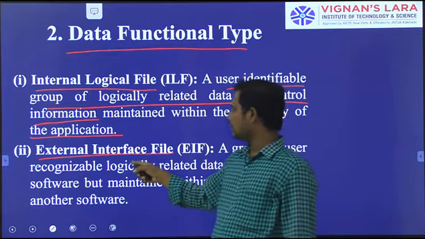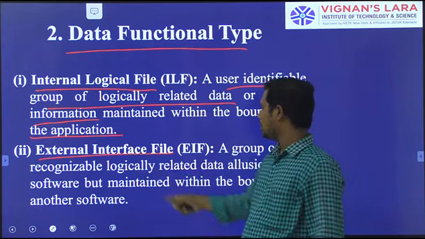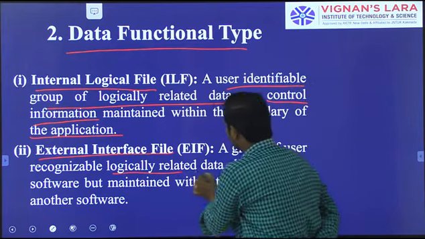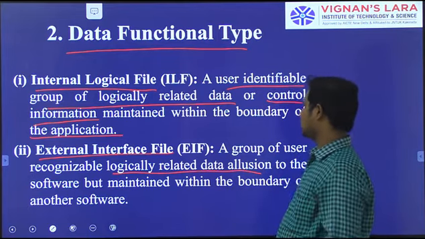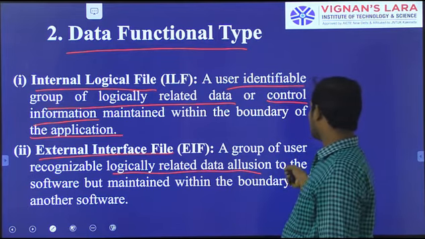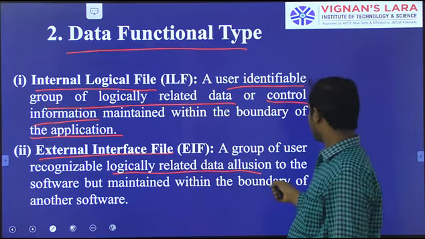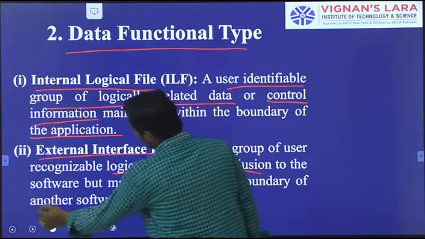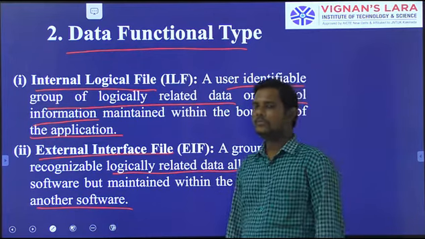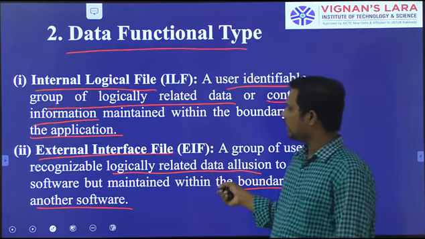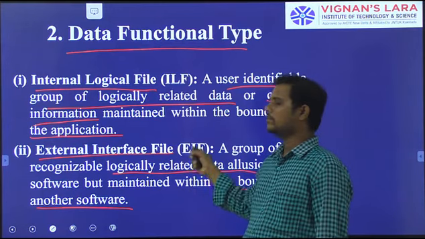Now, the external interface file is a group of user-recognizable logically related data referenced by the software but maintained within the boundary of another software. Otherwise, no need. So, data maintained within the boundary we treat as internal, and external interface files are those maintained outside.